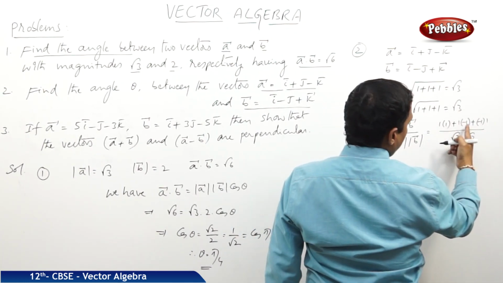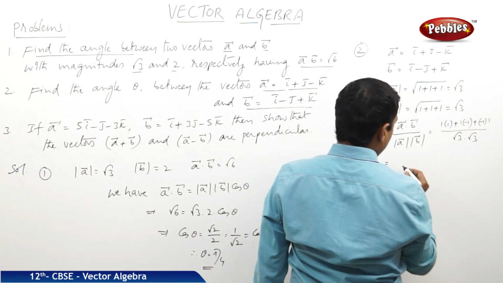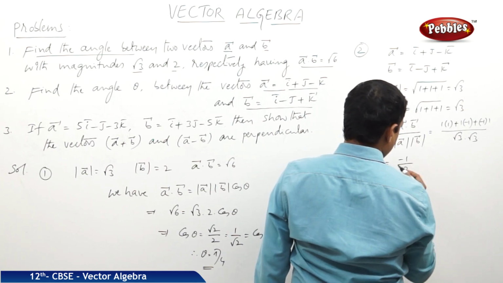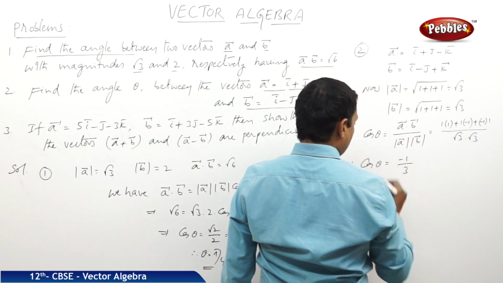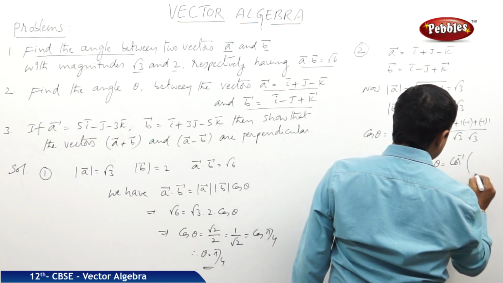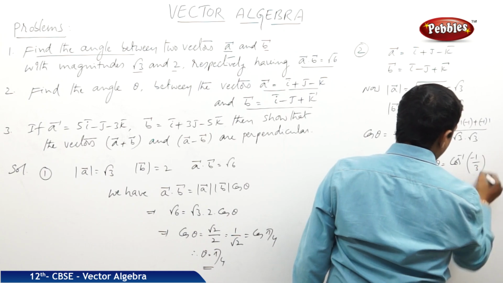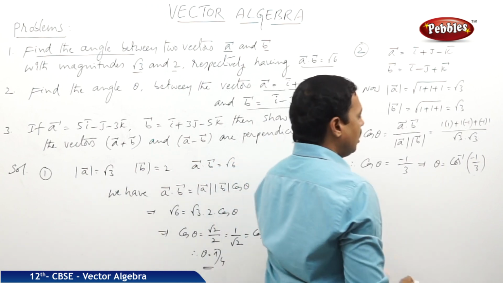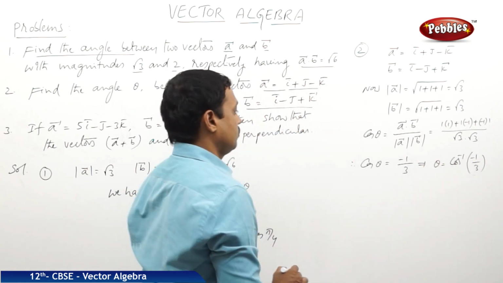It is 1 minus 1 minus 1 minus 2 plus 1 minus 1 by root 3 into root 3, 3. Therefore, cos theta is equal to minus 1 by 3. Theta is equal to cos inverse of minus 1 by 3. Of course, it can be taken as pi minus cos inverse of 1 by 3 also.